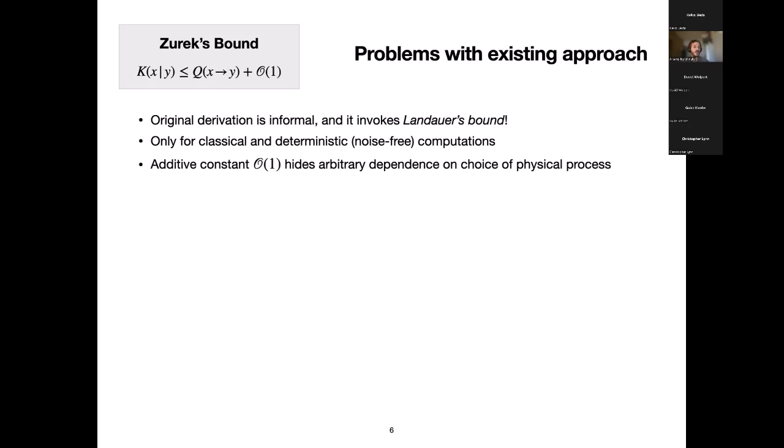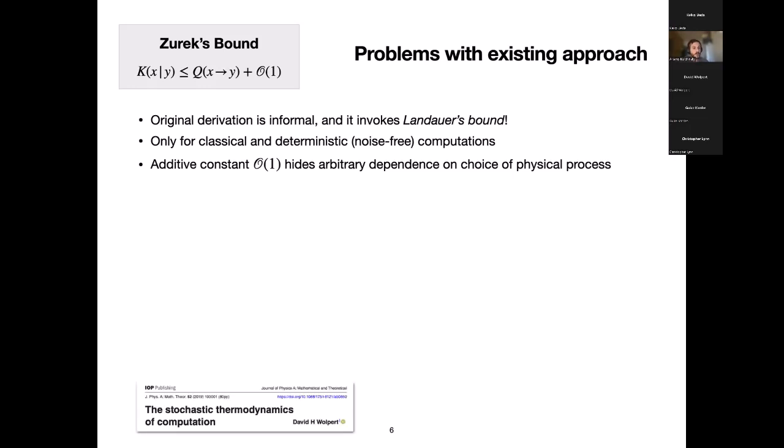It's also limited to classical and deterministic computations, and this constant has an arbitrary dependence on the choice of physical process. As I mentioned, I'll show you what that means. Basically, it means we can design special processes that make the bound trivial. And before proceeding, I should add that some of these issues were discussed in this review paper about stochastic thermodynamics of computation by David, who also formalized some of the steps of Zurek's approach and discussed them.